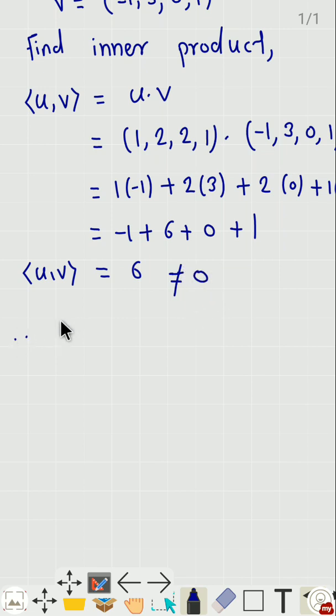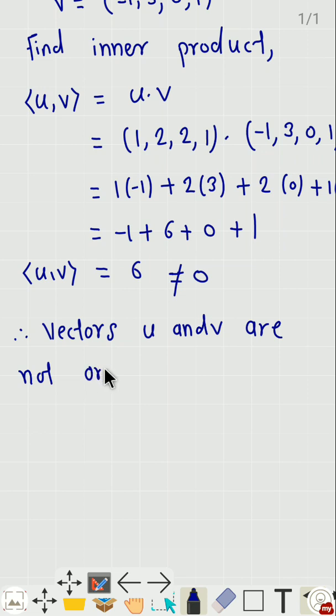Therefore, vectors u and v are not orthogonal. So we know that two vectors are orthogonal if and only if their inner product is 0, but here the inner product is not equal to 0, which means these two vectors are not orthogonal.